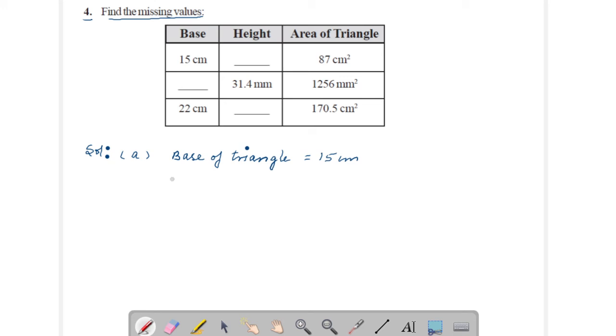Height of triangle, you have to find out area of triangle. It is 87 centimeters square.